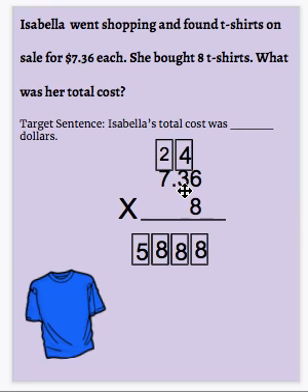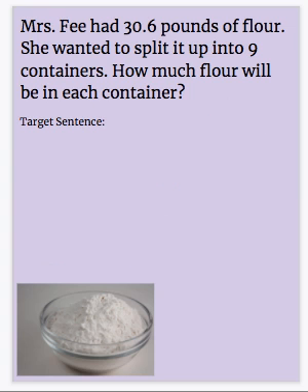I'm noticing that I have 2 digits to the right of my decimal point, so I know I need to move my decimal point 2 places over to the left. So I'm going to place my decimal point right here. Now I am done solving the problem, and we figured out that Isabella's total cost was $58.88.